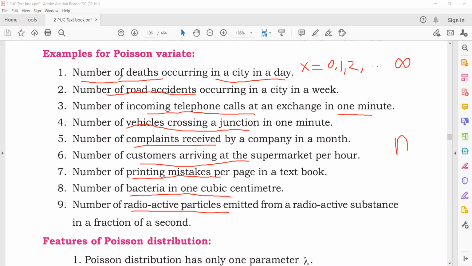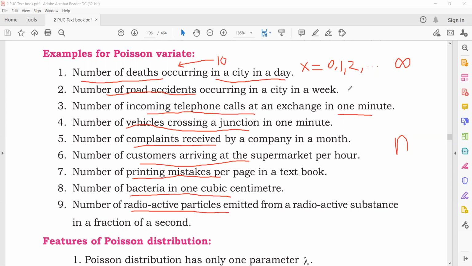So you can say number of deaths out of 10 people, 10 patients who are under observation. You are observing 10 patients, and out of those 10, how many are dying? That could be counted. In that case, it becomes binomial. But that is a very rare scenario. Similarly, you cannot fix n for the number of road accidents in a city in a week.